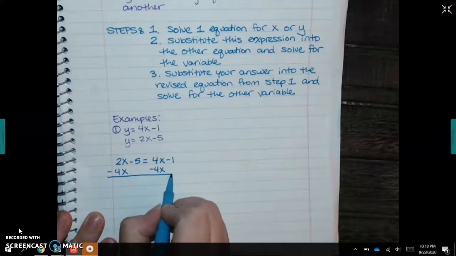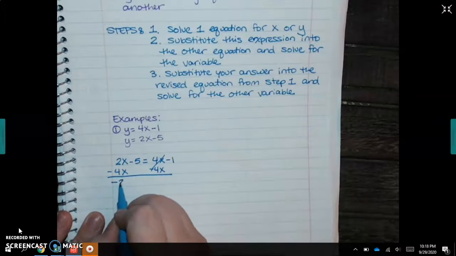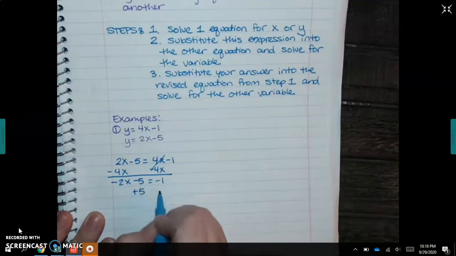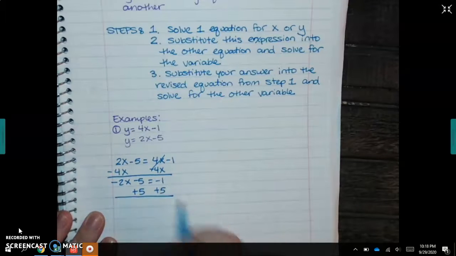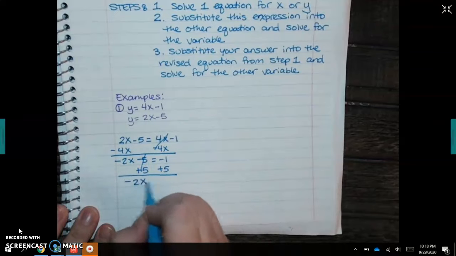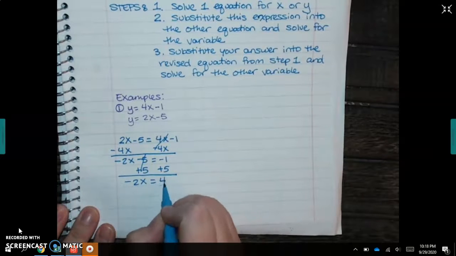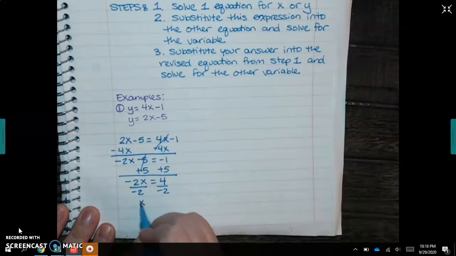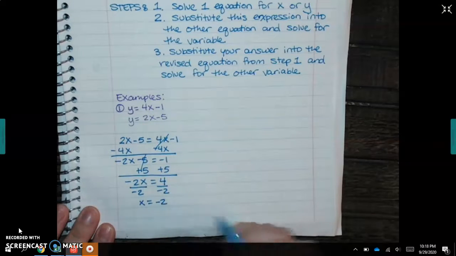Notice I'm getting my variables to the left. Then I will get my constants to the right. Divide by the coefficient. And I come up with x equals -2.